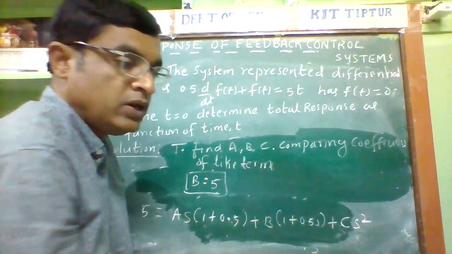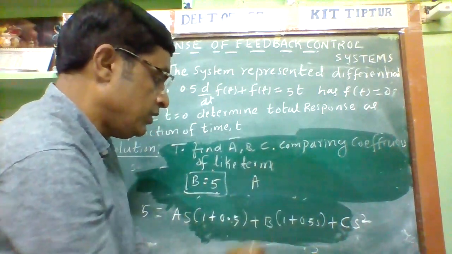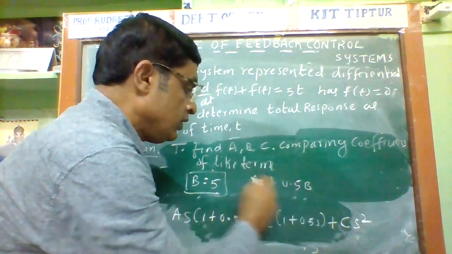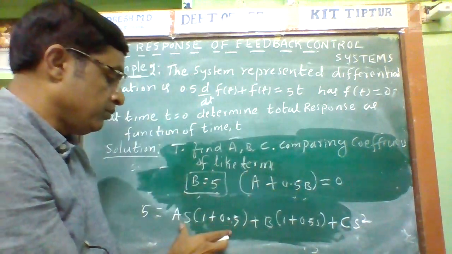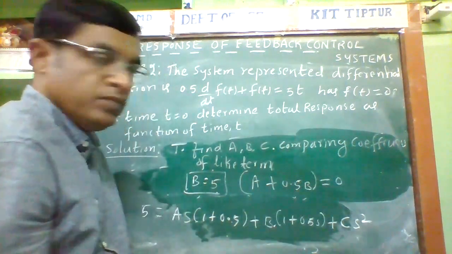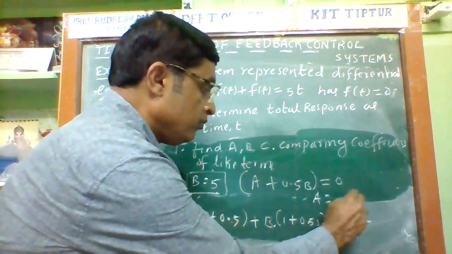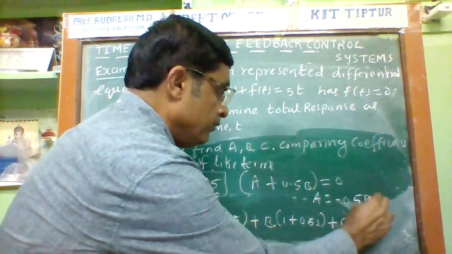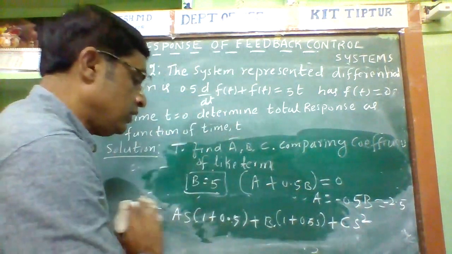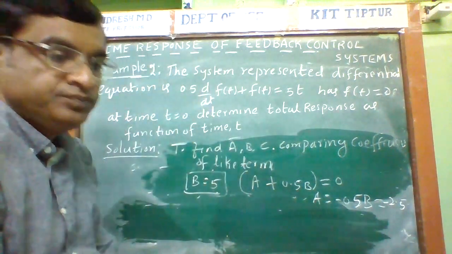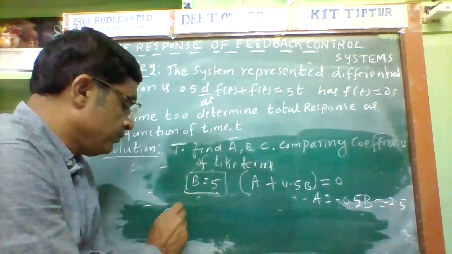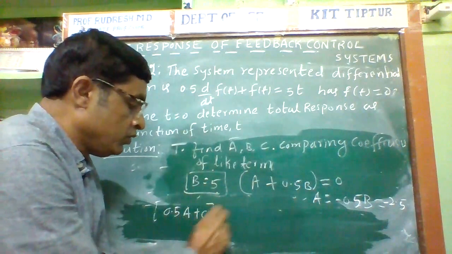Similarly, comparing the coefficient of s, a plus 0.5b is equal to 0, so a is equal to minus 0.5 into b, and b is equal to 5, therefore a is equal to minus 2.5. Similarly, comparing the coefficient of s square, 0.5a plus c is equal to 0.